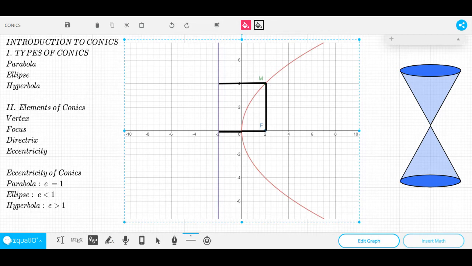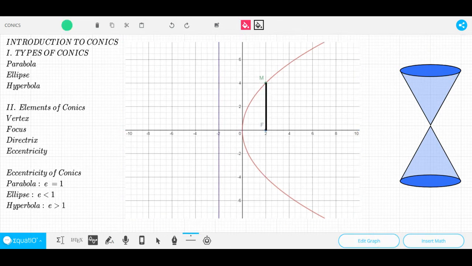Then we'll draw an ellipse and a hyperbola so you can see the difference. Why is it less than 1 in an ellipse and more than 1 in a hyperbola? Now in the case of a parabola, you can see that the vertex of the parabola, in this case point O of coordinates 0, 0, is the midpoint between F and its orthogonal projection on the directrix, and it's going to be the case for any other parabola.